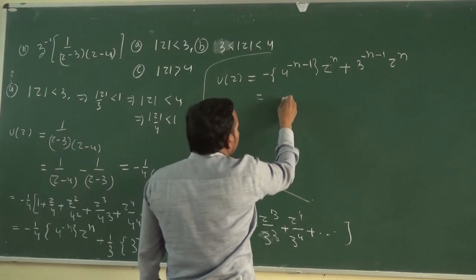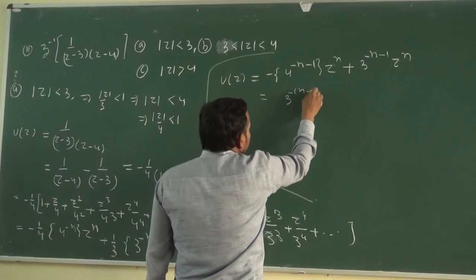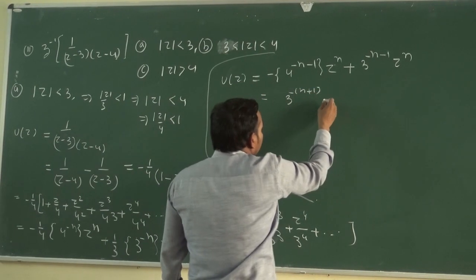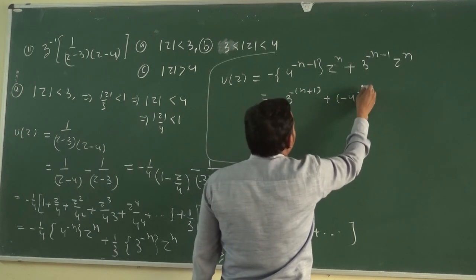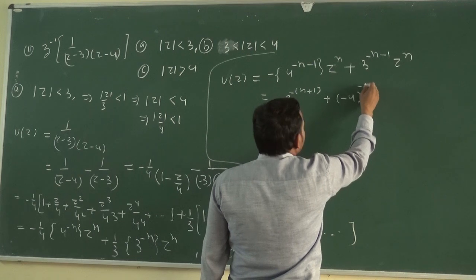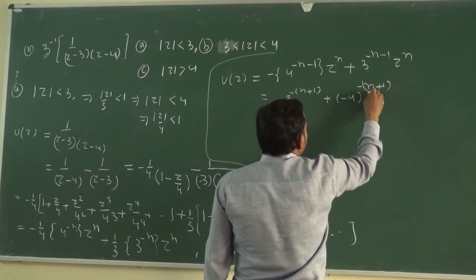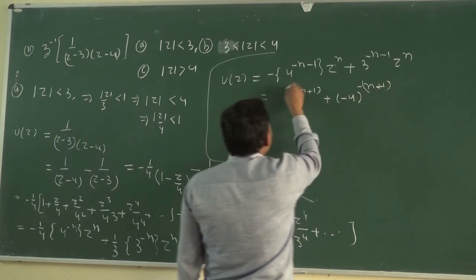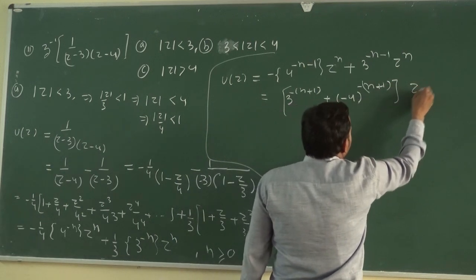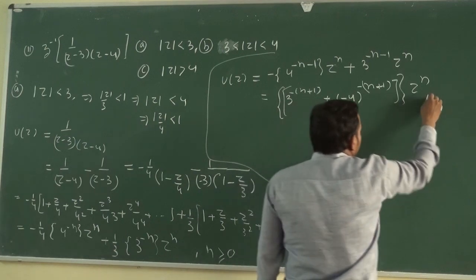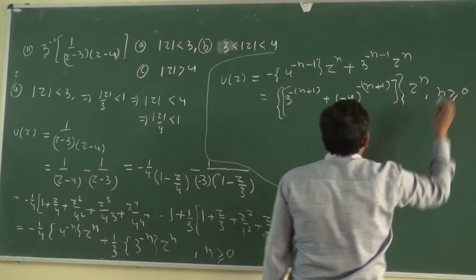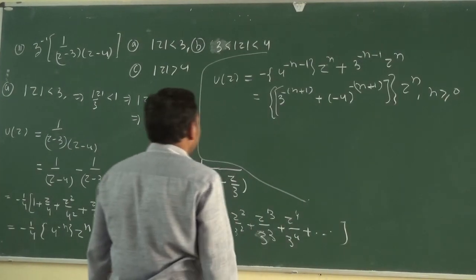Or simply write 3 to the power minus n plus 1 plus minus 4 to the power minus n plus 1, z to the power n, and n greater than or equal to 0.